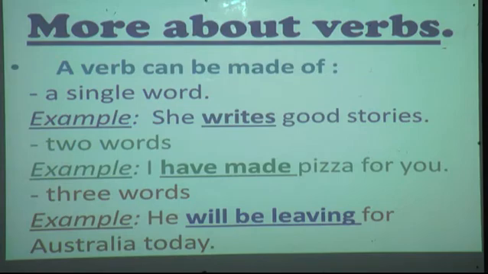Again I'll repeat, he will be leaving for Australia today. In this third example we can see there are three words, that is, will be leaving. Again I will repeat, a verb in a sentence can be made of a single word, 2 words or 3 words.